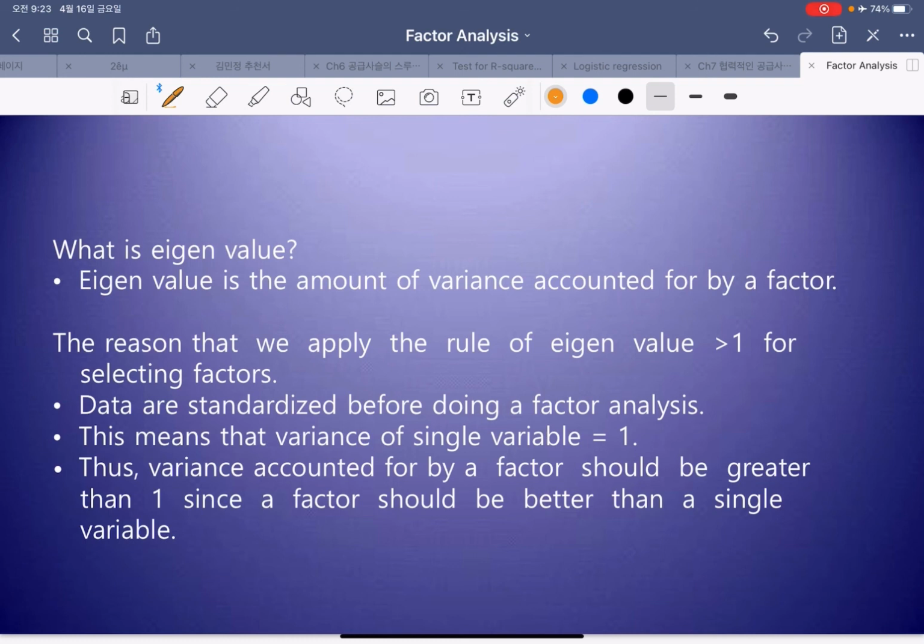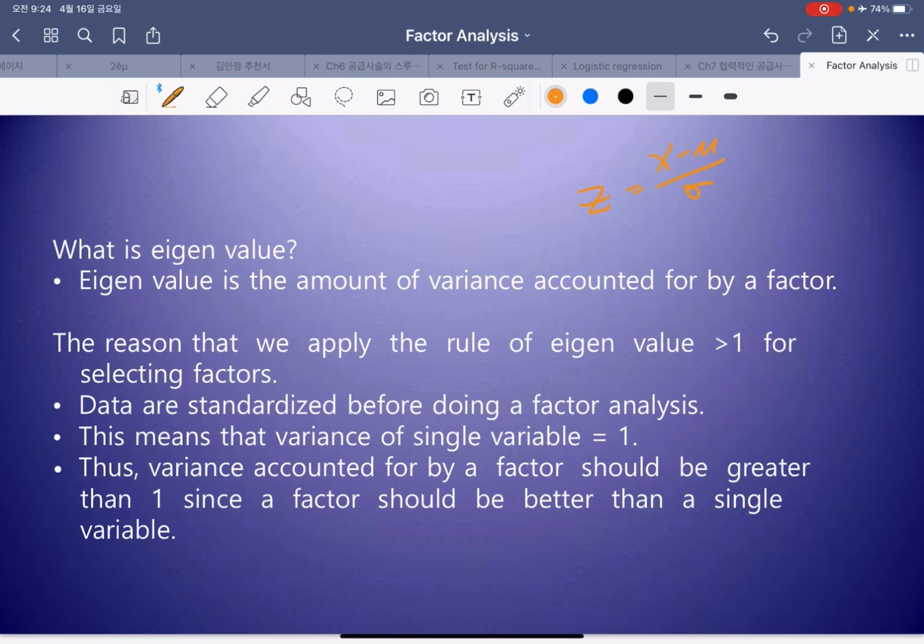So let me explain the eigenvalue. Eigenvalue is the amount of variance accounted for by a factor. The reason that we apply the rule of eigenvalue greater than 1 for selecting factors is the following. Data are standardized before doing a factor analysis. Standardizing means we use z, so you transform x to z.